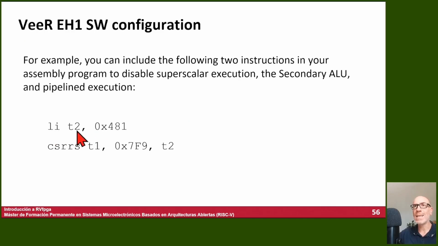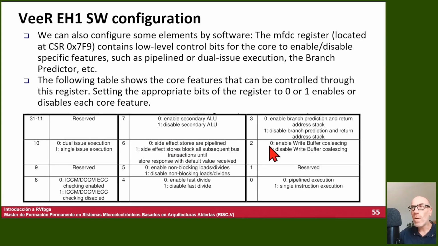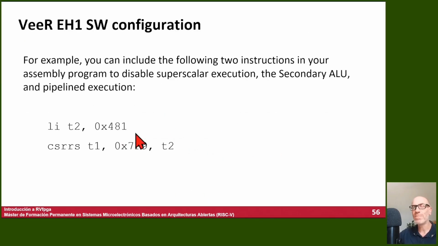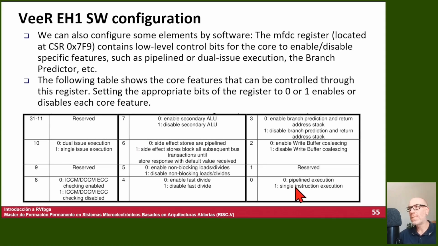First, an instruction assigns a value to a register, which determines which structures are enabled or disabled. We then write this value to register 7F9, effectively enabling or disabling various structures. For example, having a 1 in the least significant bit disables pipelined execution.